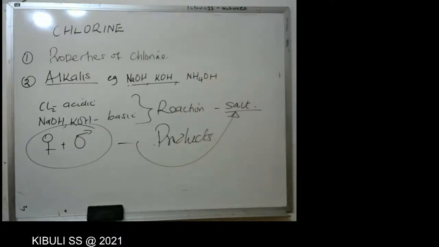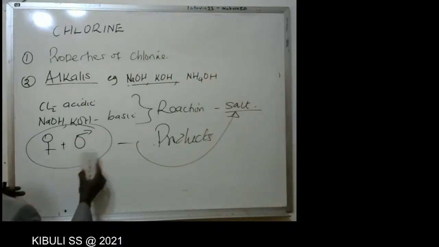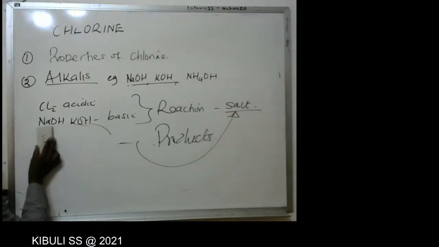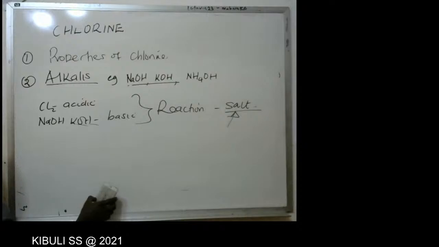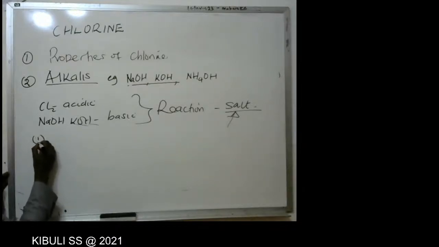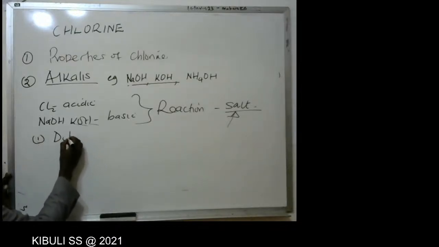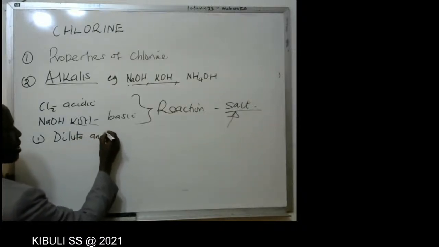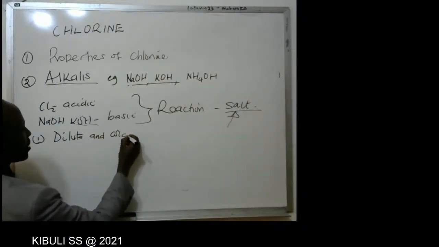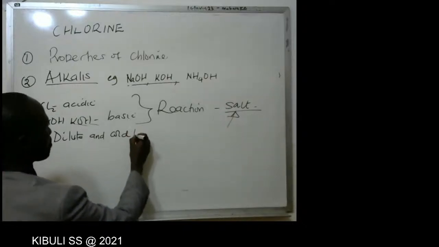So I'm expecting a reaction. I'm expecting a salt. There are two things that the syllabus requires you to know when it comes to a chemical reaction between chlorine and alkalis. There are two conditions. Number one, when the alkali is dilute and cold, that is at room temperature.